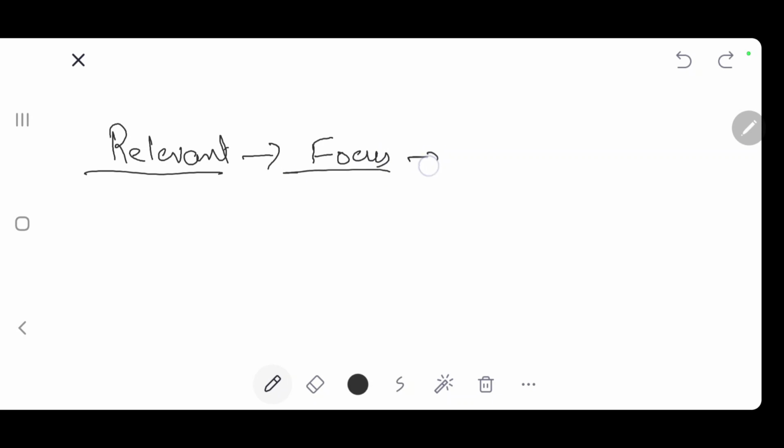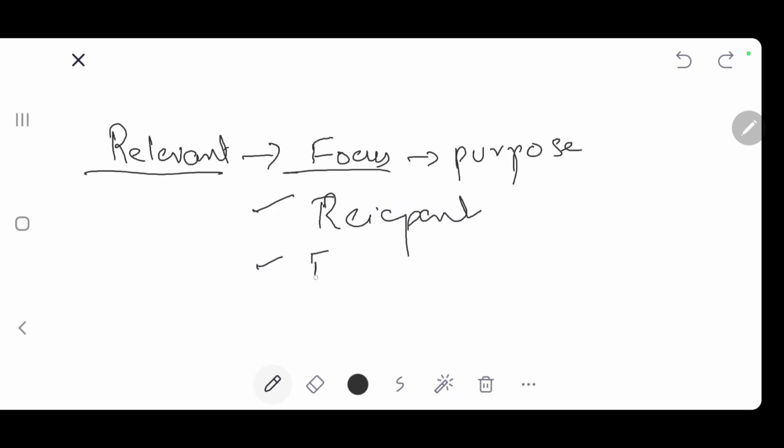Whatever you write depends upon focus or purpose, or in simple words, the recipient and the issue. You have to focus on the recipient and the issue. Whatever information is relevant for the recipient and for the issue, we have to select.